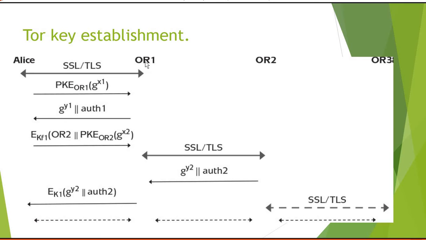Onion router 1, after removing it, will transfer this data to Alice after encrypting it. After that, between onion router 2 and onion router 3, the secure channel will be established using SSL/TLS.